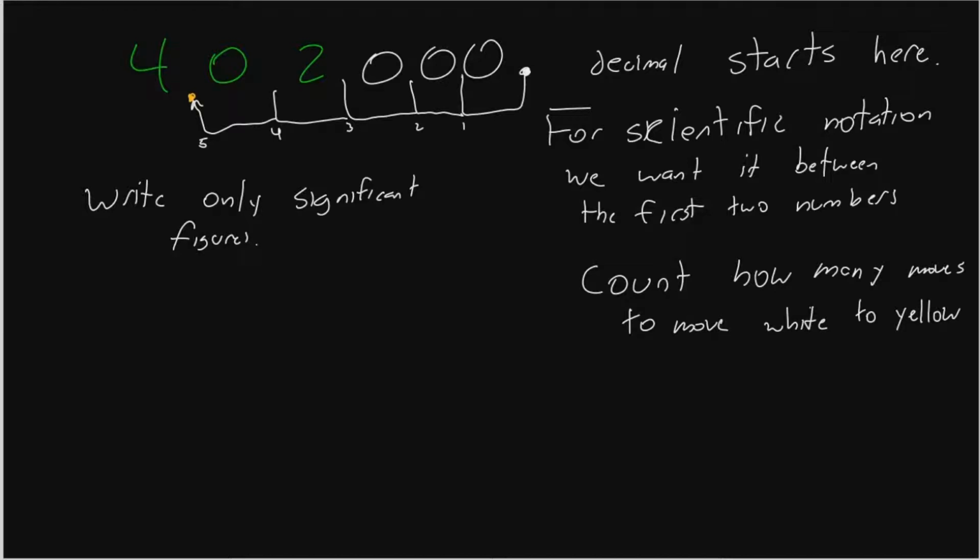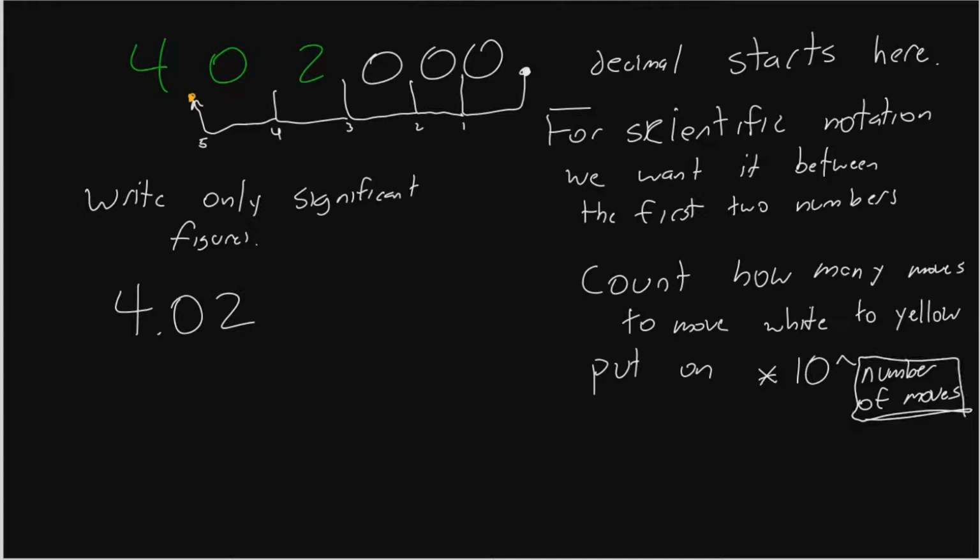So we're just going to write the ones I wrote in green, and we're going to say 4.02, and in scientific notation, we also put on times 10 raised to the number of moves you had to make. Since we have 5 moves, we put a 5 up there in front of the 10. So 4.02 times 10 raised to the 5th power.